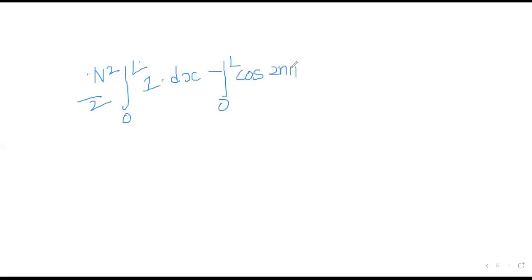So I'm writing n square by 2 again, and dividing separately: the integral from 0 to L of 1 into dx, minus the integral from 0 to L of cos 2 n pi x by L into dx. Separately we are just integrating it.